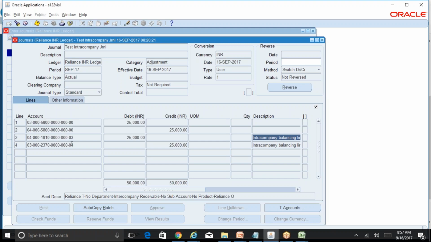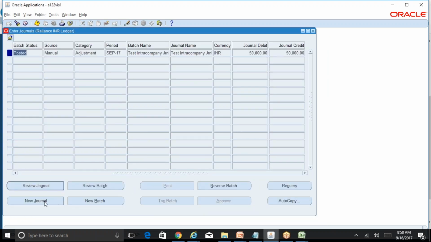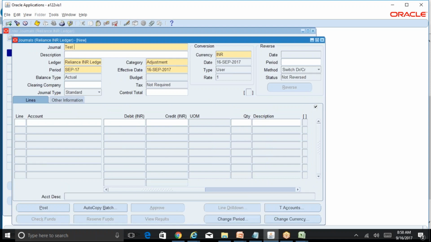All other segments, that is the department, sub account, and the product, are just copied from the original lines above. Now this is a simple scenario wherein we have only one debit and one credit. Let us assume you pass a journal entry where there are, say, 3 debits for 03 and 3 credits for 04. Then we'll try to post and see whether the system creates these intercompany balancing lines 3 times or sums up and shows only once. Try to create a new journal entry, test intra-company journal.